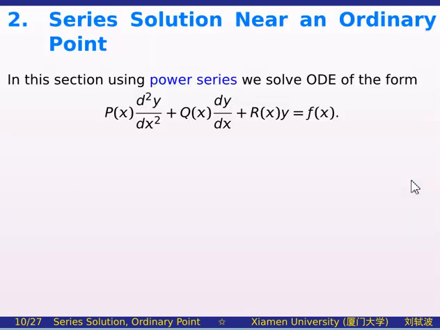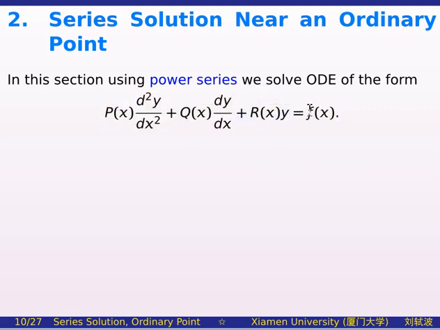Now we start our study of series solutions for second order variable coefficient linear equations. So the equation is of this form. The coefficients of the derivative of y and y itself depend on x. They are functions of x.